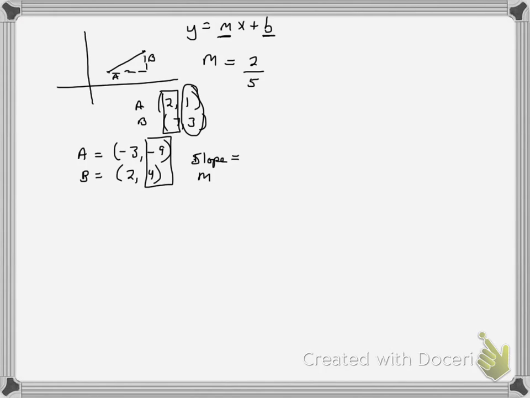What is the difference on a number line? How many spaces are there between -9 and 4? That'd be 13. How many spaces are there between -3 and 2? That would be 5. So very simple to look at it that way.